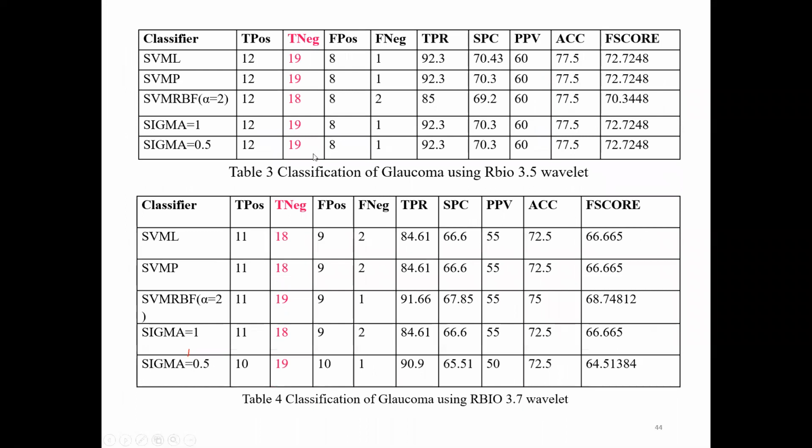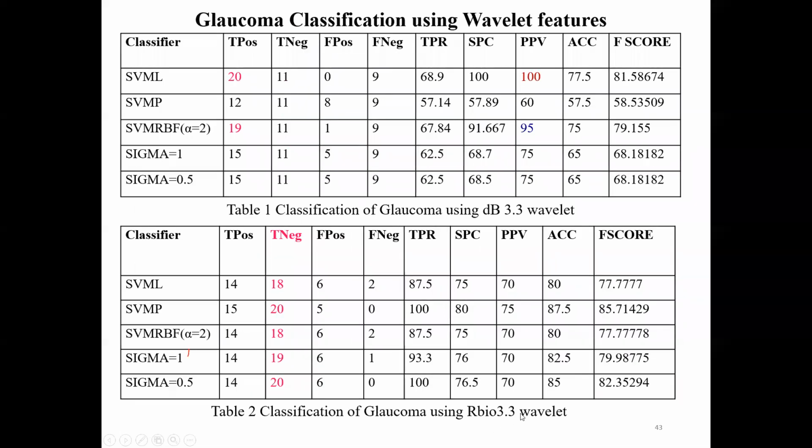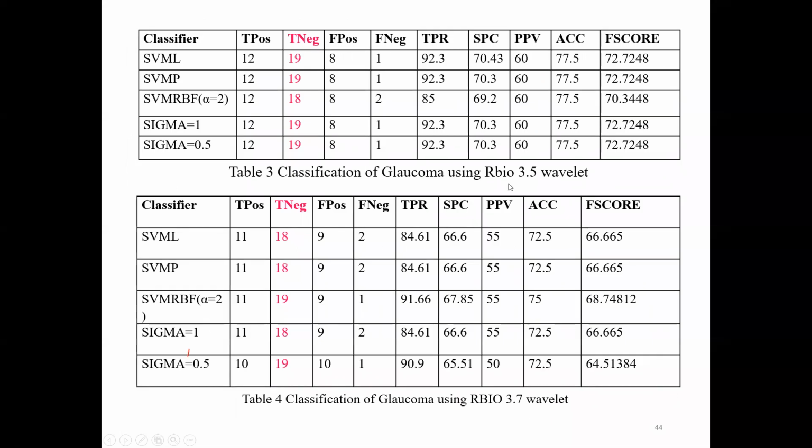And table 3 is classification of glaucoma using reverse biorthogonal 3.5, whereas the second case is 3.3. And the fourth one is classification of glaucoma using reverse biorthogonal 3.7.